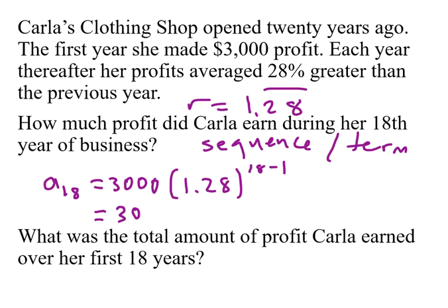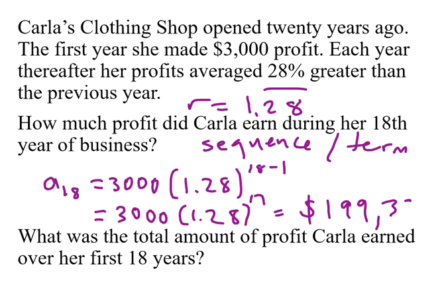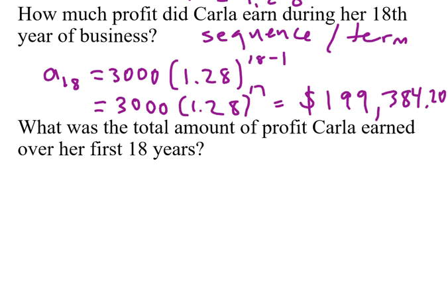So really 3,000 times 1.28 to the 17th, which is $199,384.20. Pretty impressive.